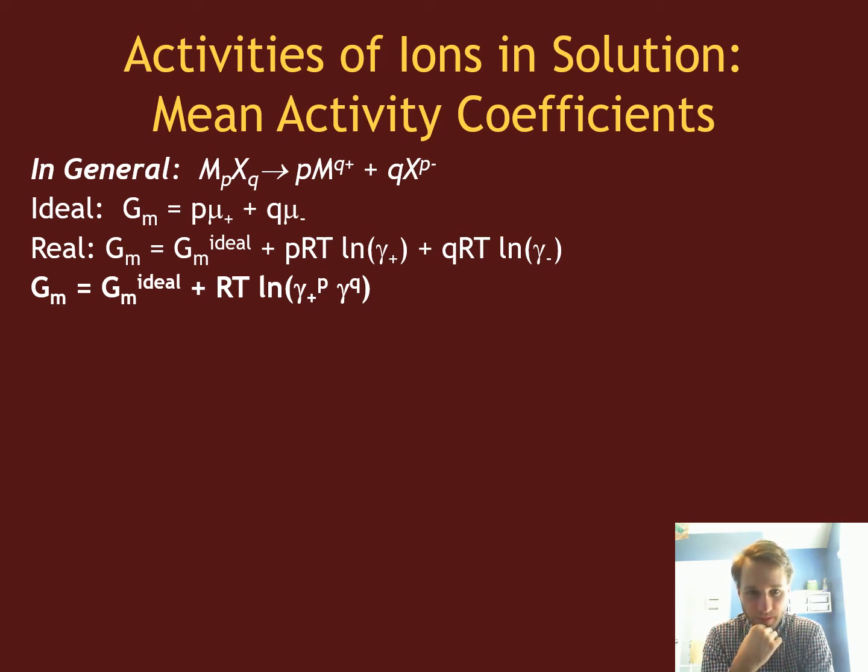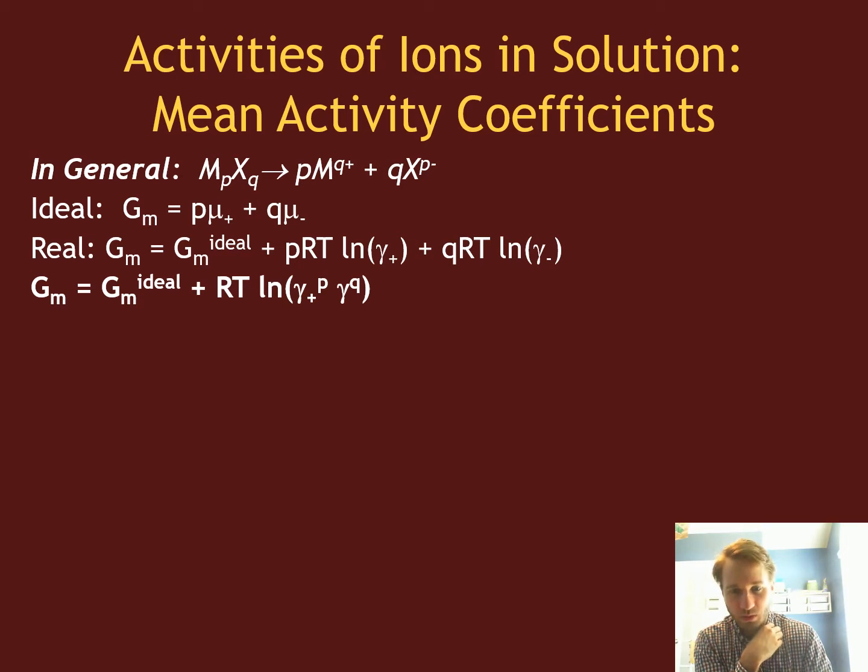For a real solution, we get the ideal Gibbs energy plus some correction due to the activity coefficient.